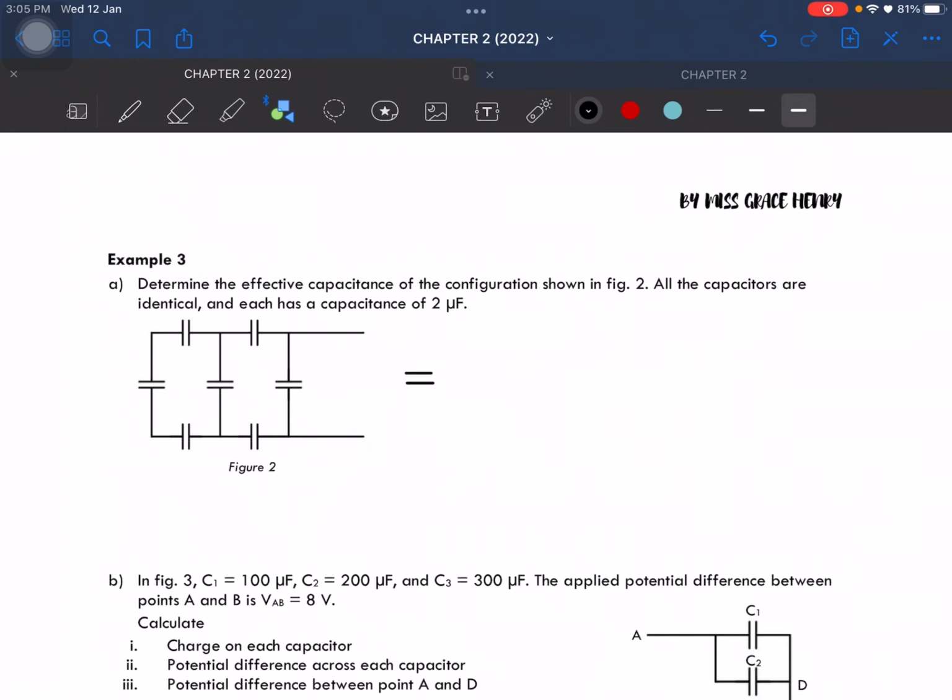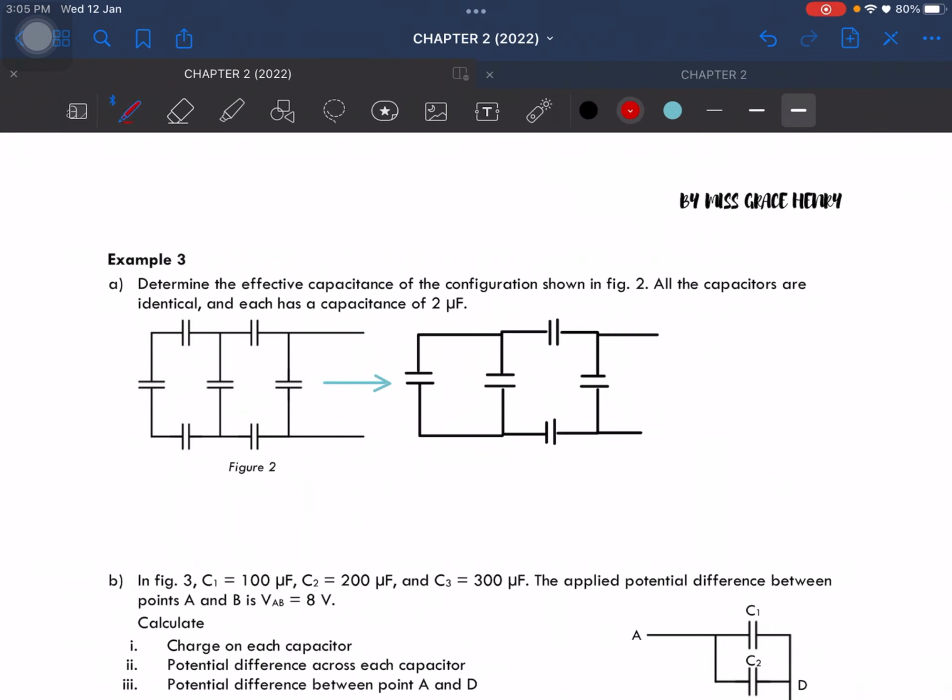Should get something like that, and then like this, and then like this. Right, like this, and then there is this thing here. Okay, so this is the first simplification of the circuit.